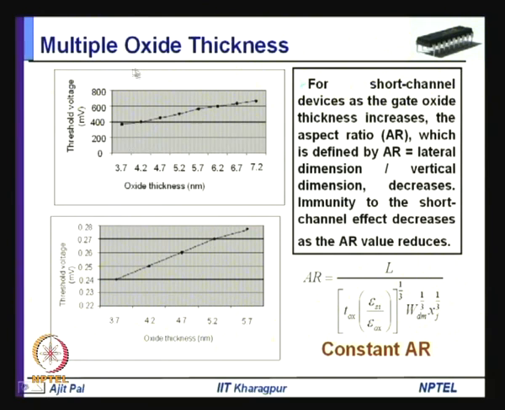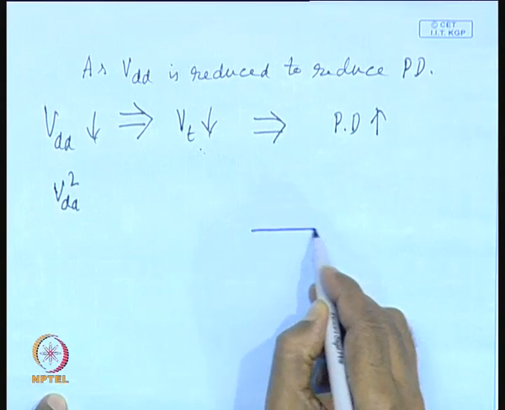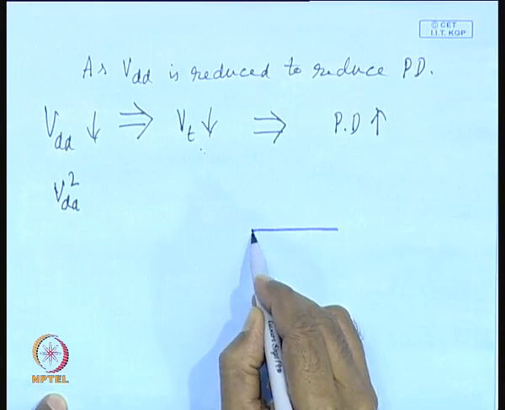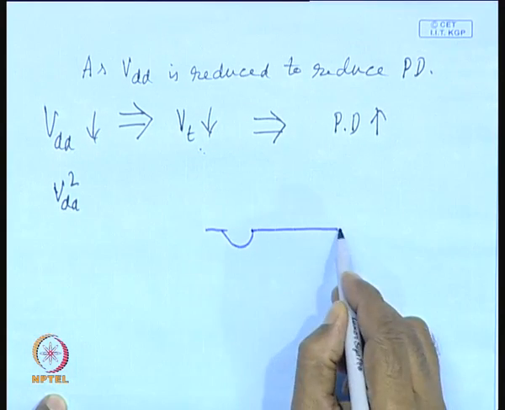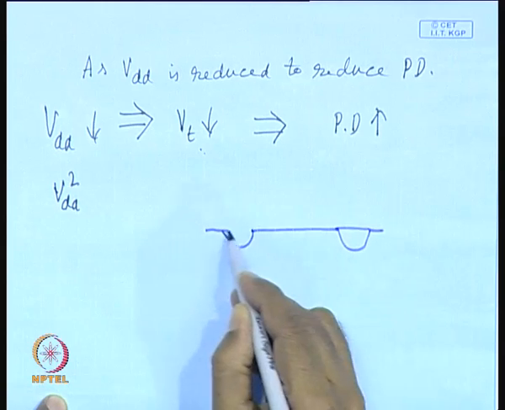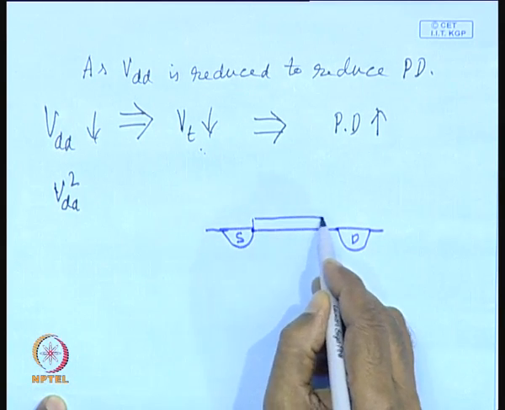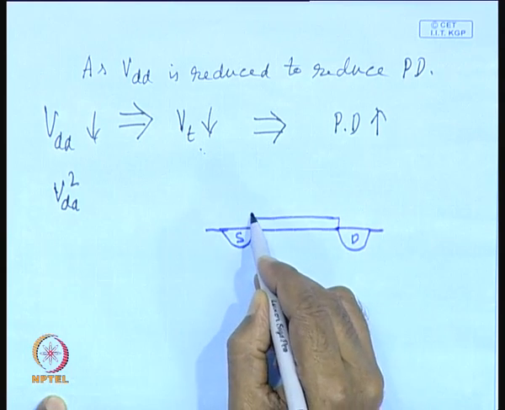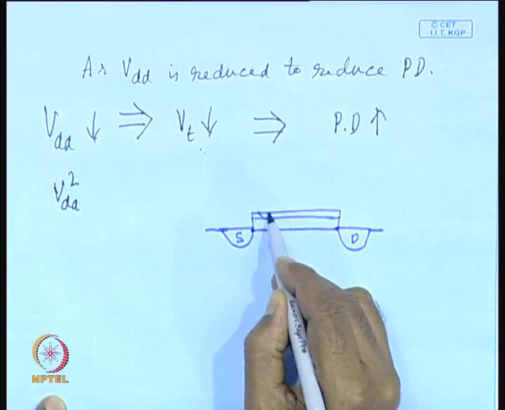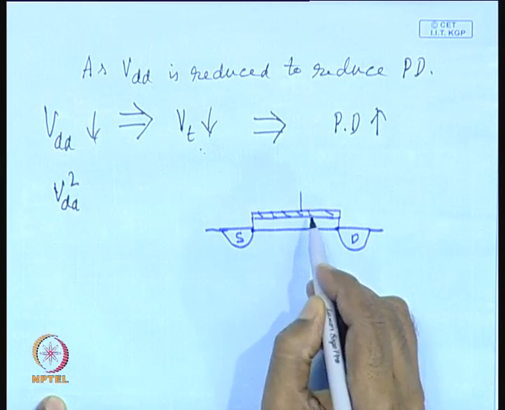Second technique is multiple oxide thickness. As you know, you have got a silicon dioxide on top of the channel. So, here is your source and drain region, this is source and this is drain, and here you put a silicon dioxide layer, and on top of that polysilicon is deposited and this forms the gate.